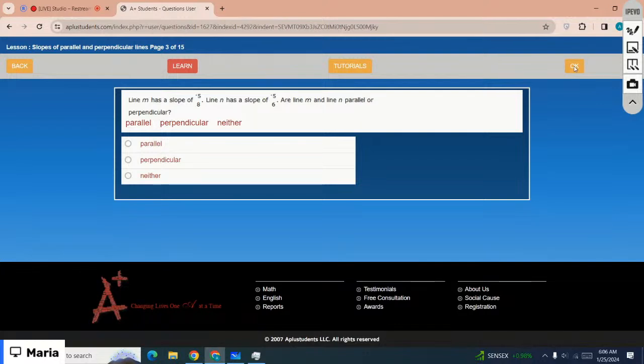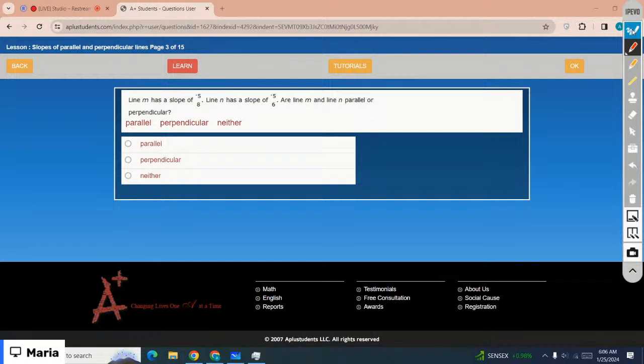Line M has a slope of negative 5 by 8, right? And line N has a slope of negative 5 over 6. So, are line M and line N parallel or perpendicular?